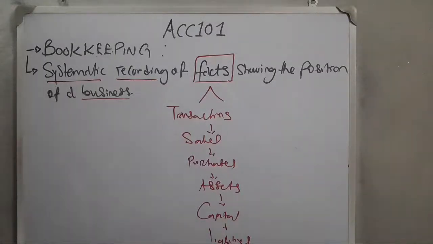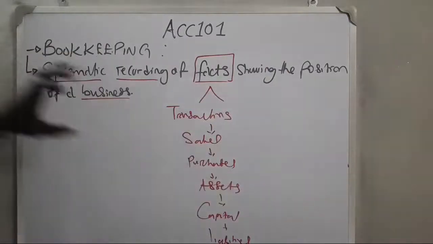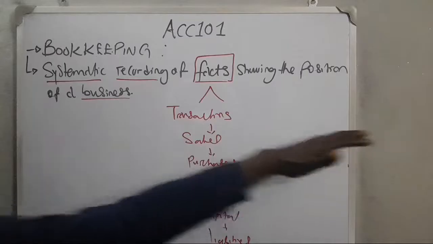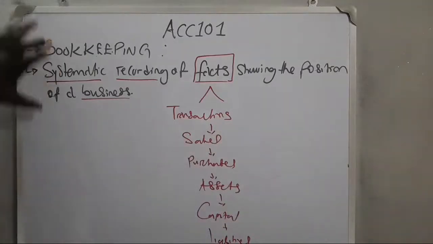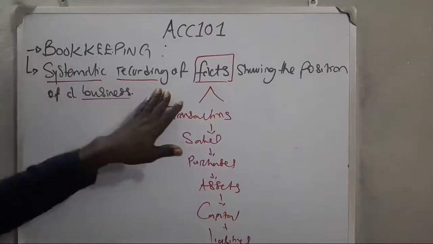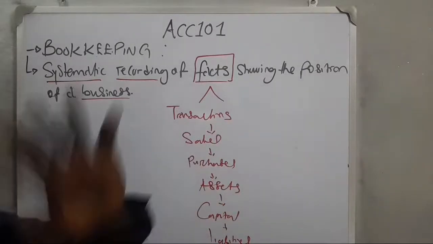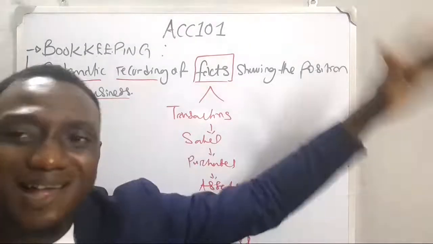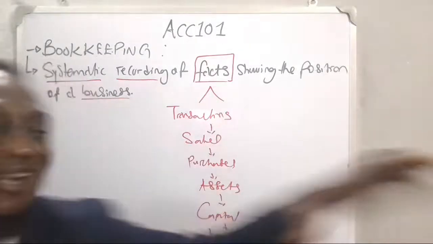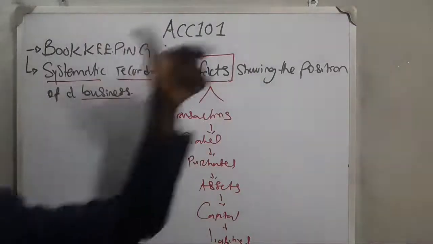So this statement you are seeing here, you can write up to 5,000 words explaining this. Systematic recording means that there are things you need to put into consideration. There are certain things that cannot just be done unorganized, that cannot just be done anyhow. It is a systematic recording.